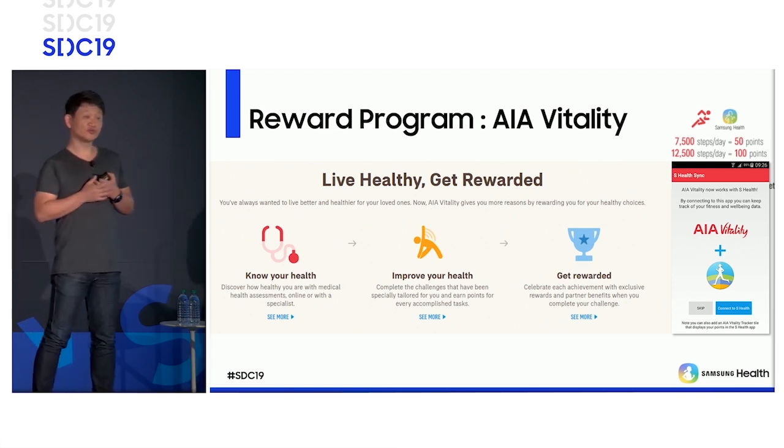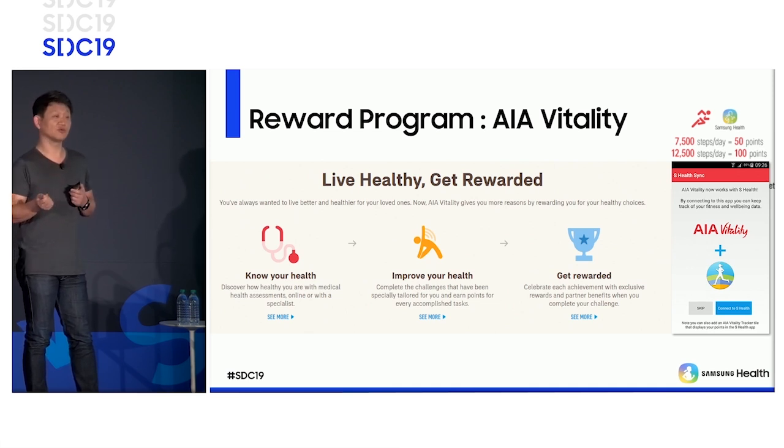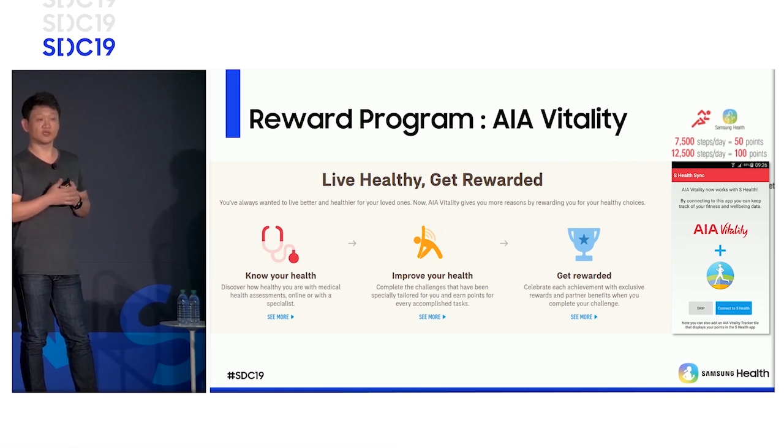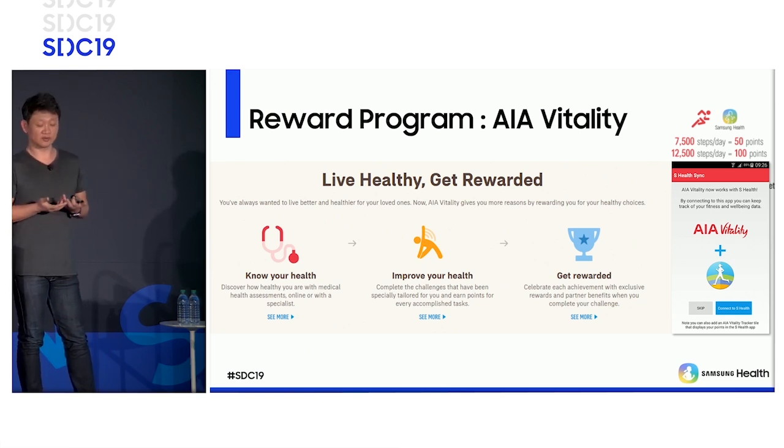And to improve users' health, with the number of steps you take, you can get AIA Vitality points that can be used for Starbucks coffee, insurance benefits, and hotel reservation discounts. Ultimately, Samsung Health and AIA Vitality will improve your health. That's why we are excited about this kind of integration.